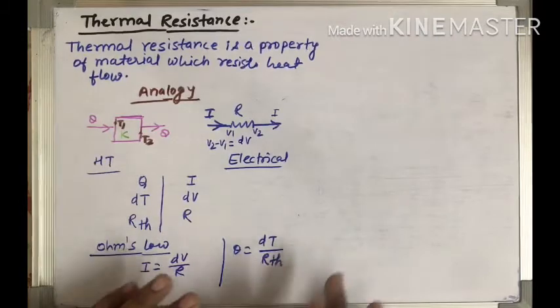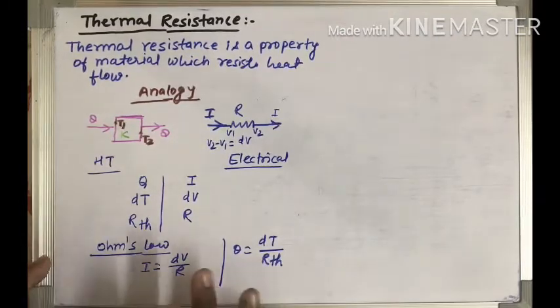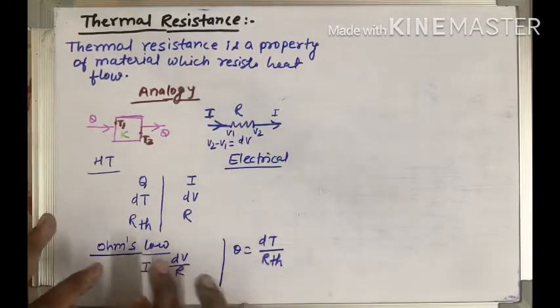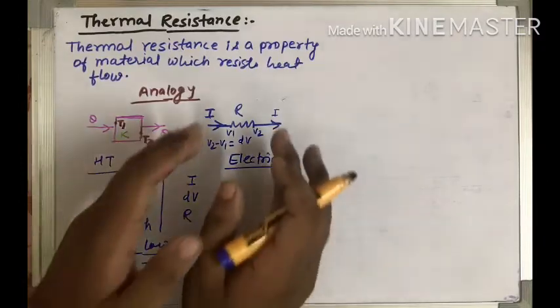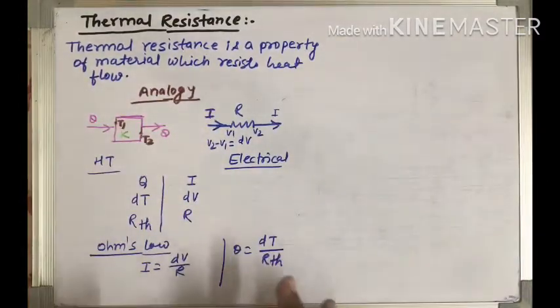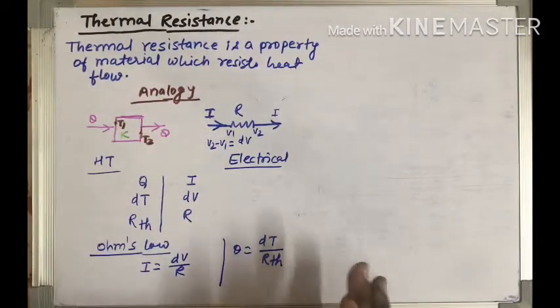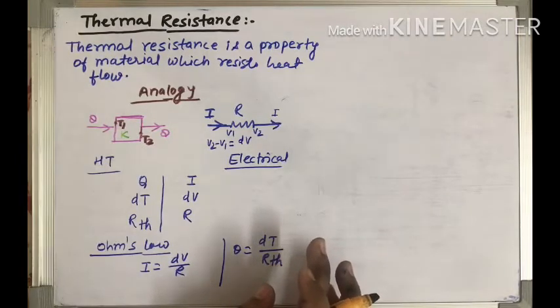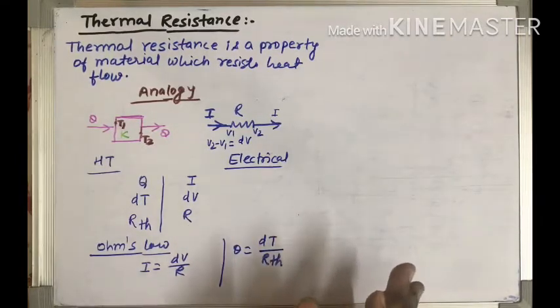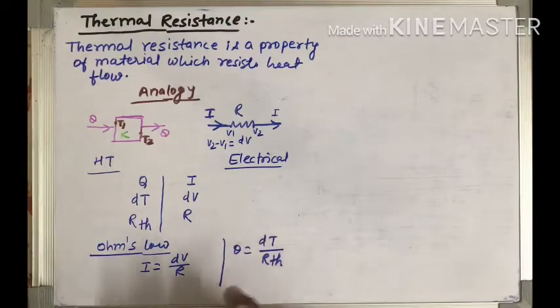So you can see there is very much similarity, and with the help of this Ohm's law concept, this electrical analogy concept, we can solve heat transfer flowing through a system or any application.